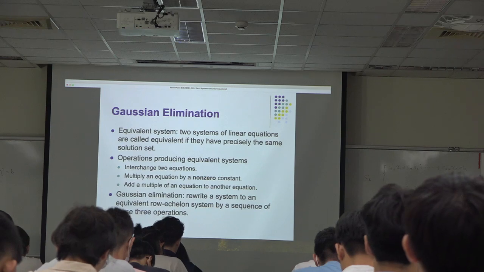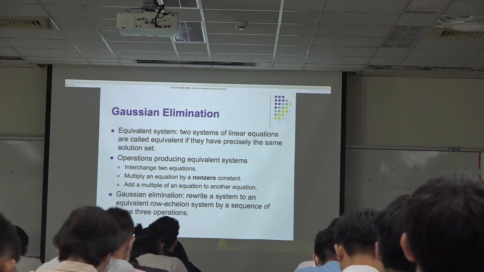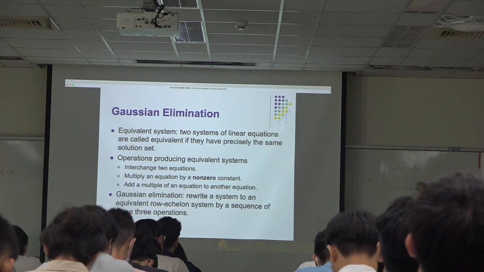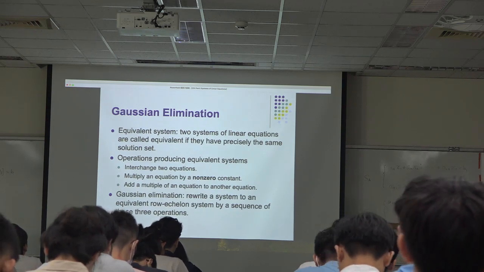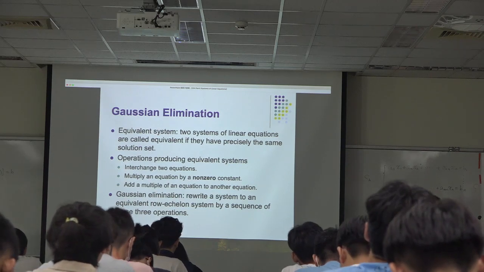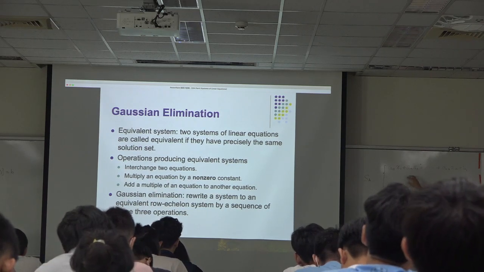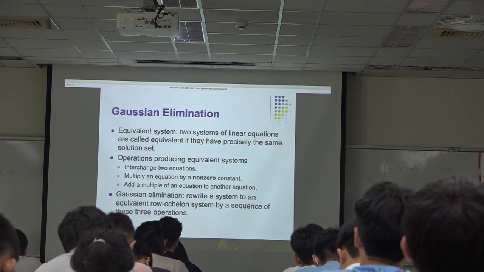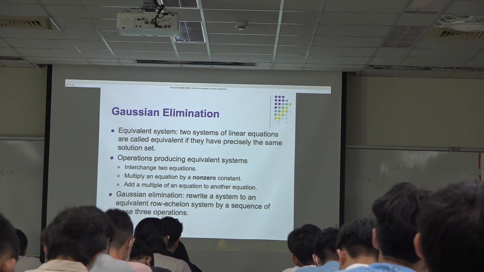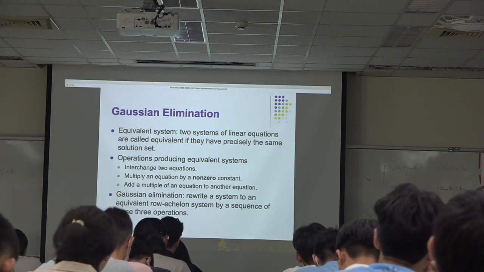That's exactly what we want to show. If there's a solution here, it will be a solution here. It means SA is a subset of SB. If there's a solution here, then it will be a solution up there as well. Then I'm showing SB is a subset of SA. So what you learned in discrete math comes into play here.